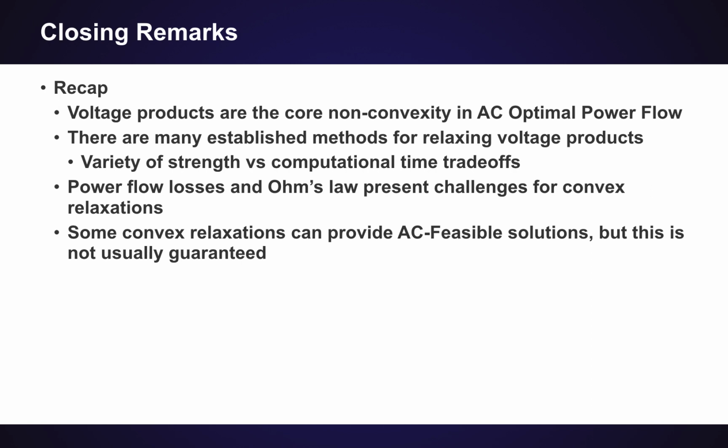We have seen, and it has been observed, that there are some convex relaxations that very frequently provide AC feasible solutions and are a jackpot for those cases. But even for those relaxations, it is usually not guaranteed that you will get solutions that are feasible for the original AC optimal power flow problem. You need to be careful to establish whether this is true for your particular problem and the case you are looking at.